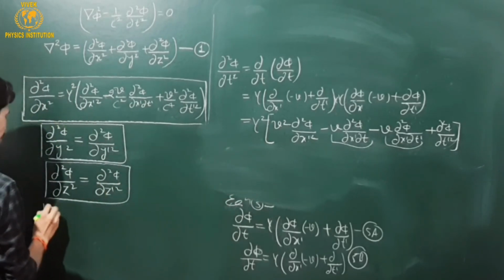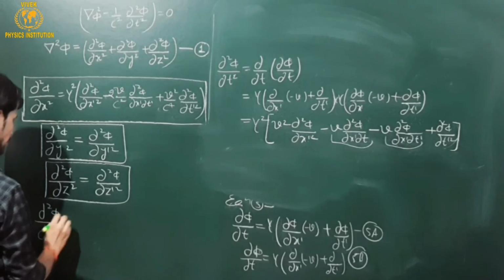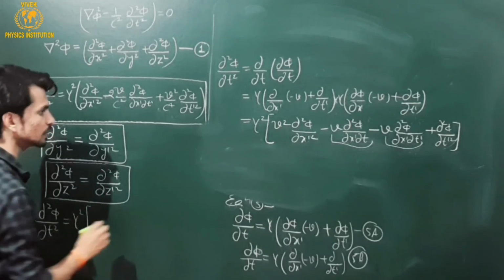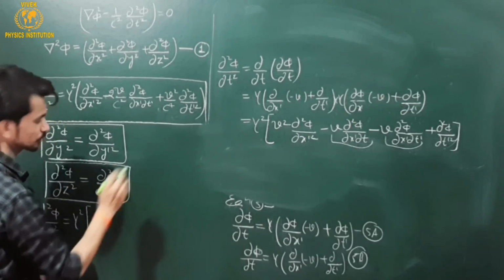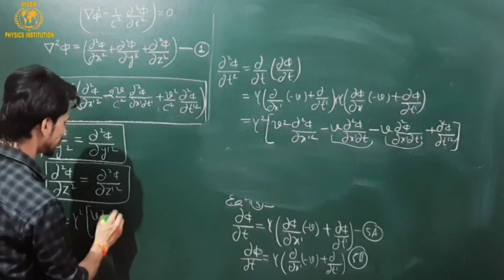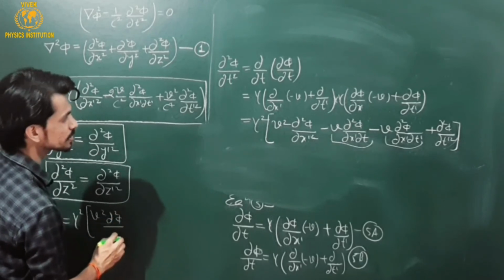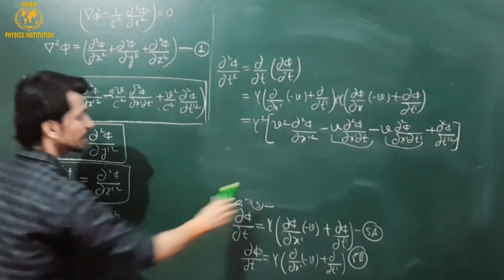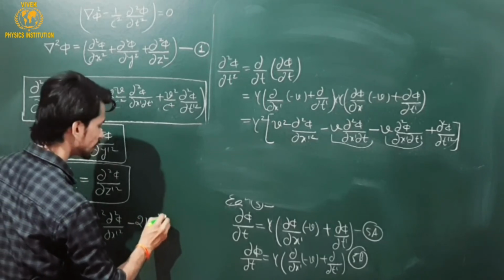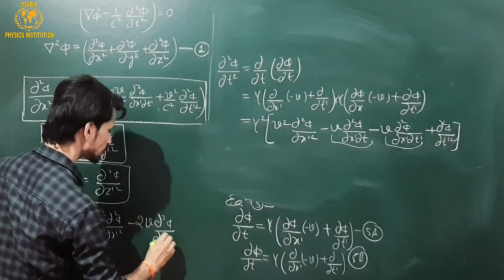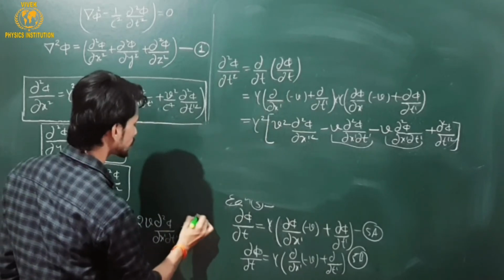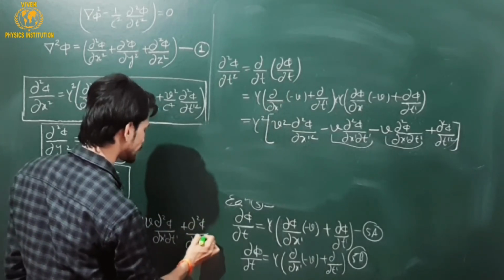So the value of del square phi over del t square is nothing but gamma square into v square del square phi over del x dash square, and these are the two factors, so I am writing two times: minus 2v del square phi over del x dash del t dash, plus del square phi over del t dash square.